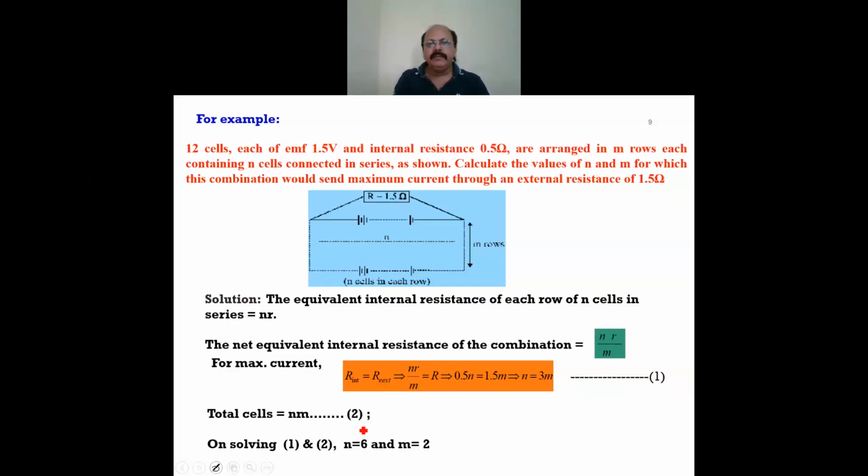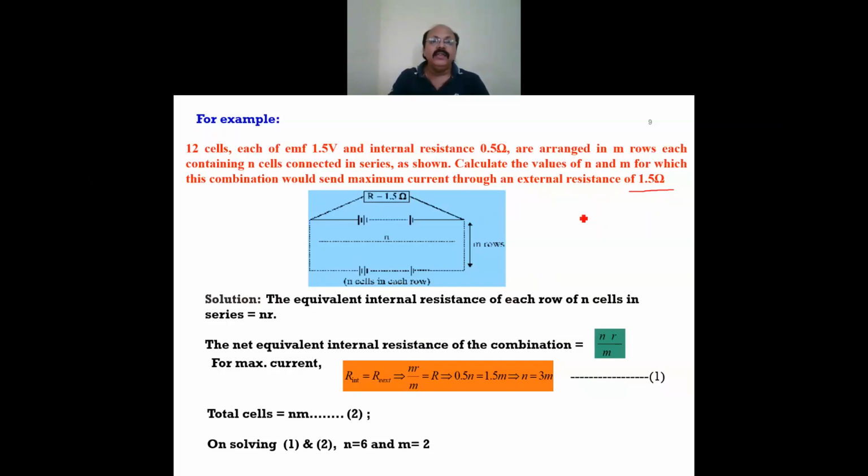You see the diagram. Calculate the value of n and m for which this combination would send maximum current through an external resistance of 1.5 ohm. Remember the condition.